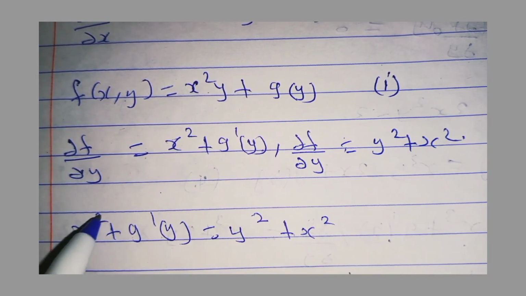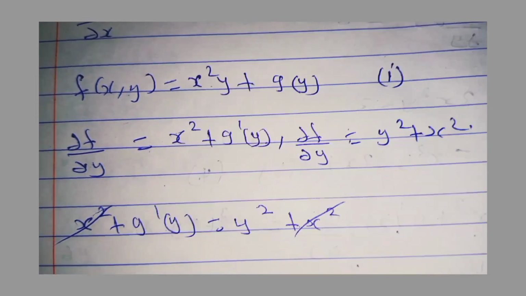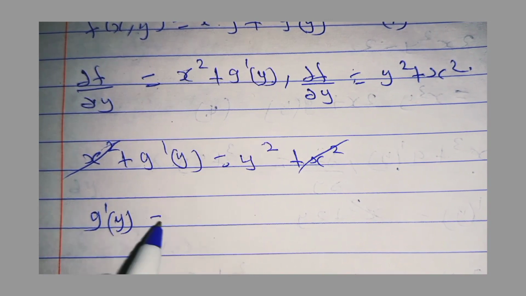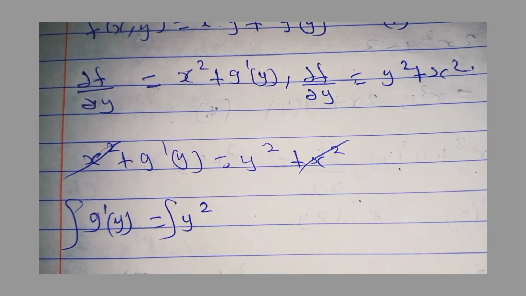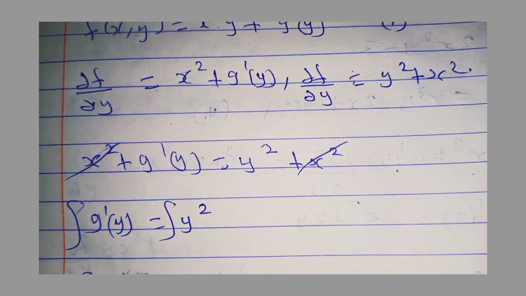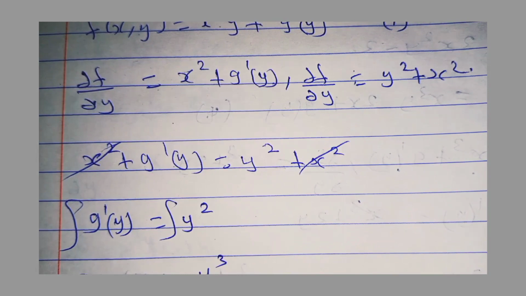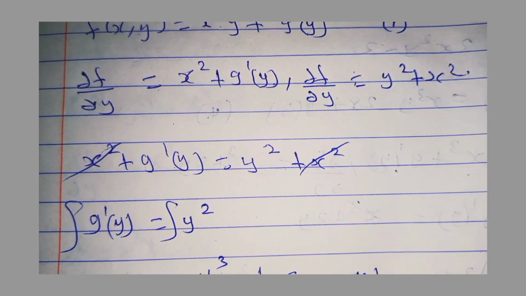You can see x squared is on both sides and we can cancel it, so that we are going to be left with g prime of y is equal to y squared. Then we integrate both sides. When we integrate g prime, we will be left with g. When we integrate y squared, we will get y cubed over 3 plus constant c. You can call this equation 2.